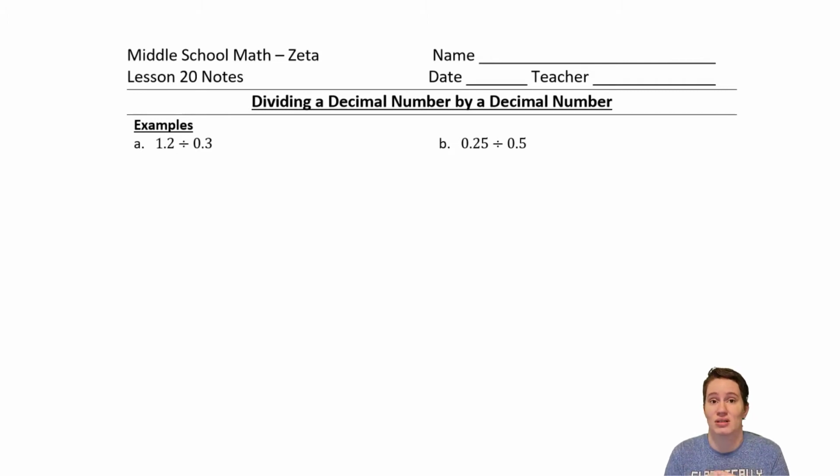We have 0.3, which is less than 1, a smaller part than 1, like part of a pizza, part of a cookie, part of a dollar. If we're asking how many of those are inside of 1.2, then really it's the same question as how many 3s are there in 12. And the answer to that is going to be 4.